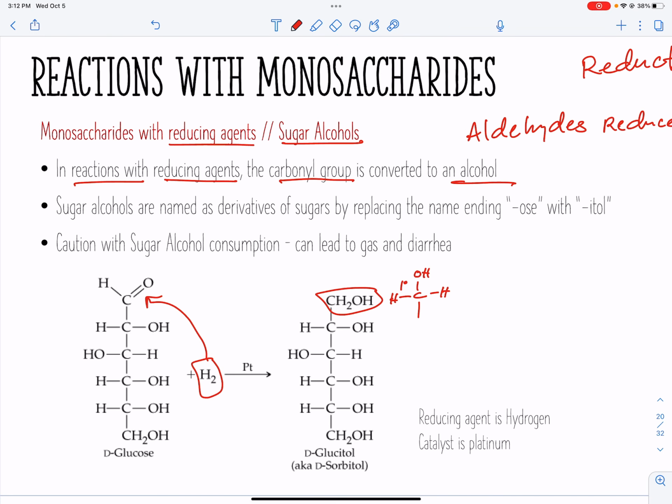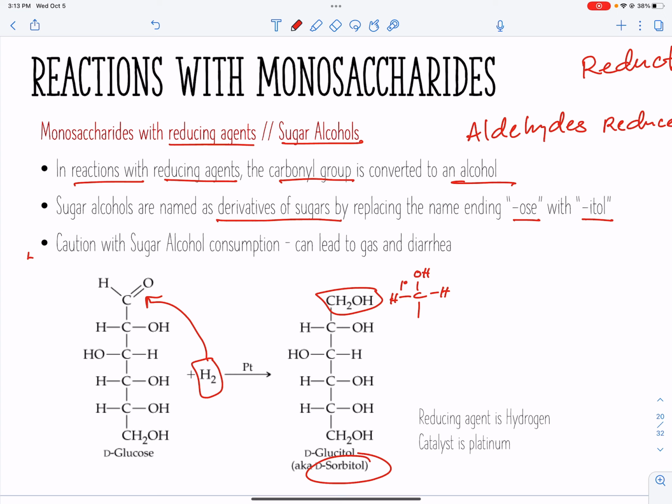We call these sugar alcohols, and they are named as derivatives of the sugar by changing the name ending from -ose to -itol. Anybody heard of sorbitol? If you buy a sugar-free popsicle, it probably has sorbitol in it. They'll tell you no sugar, but it does have some type of sugar. It's just that our body processes it and doesn't absorb it the way it does regular non-alcohol sugars.